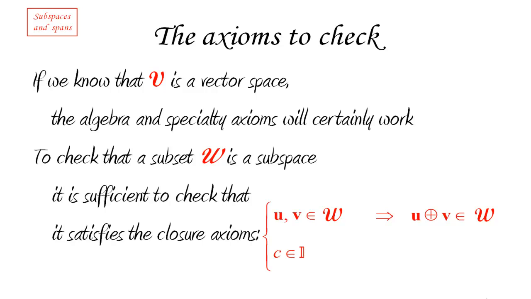Same thing with respect to scalar multiplication. If I pick a scalar and a vector in the subset and I multiply them together, then what I end up with must still be in the subset. Again, we cannot get out of that subset. If we do, then it's a nice subset, but it's not a subspace.